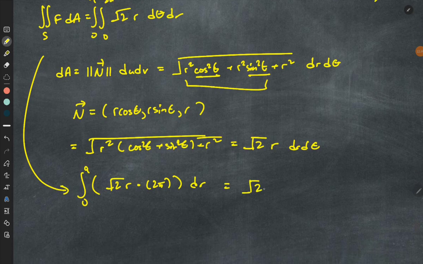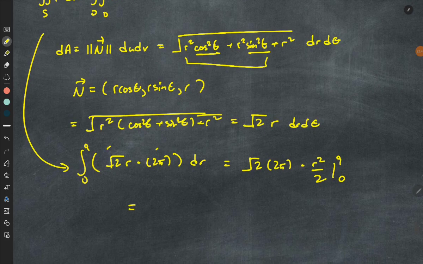Take out the constants. Integrate. And what we have left is square root of 2 pi, divided by 2, multiplied by 81, which works out to be 360. Let's say units squared, if we like.